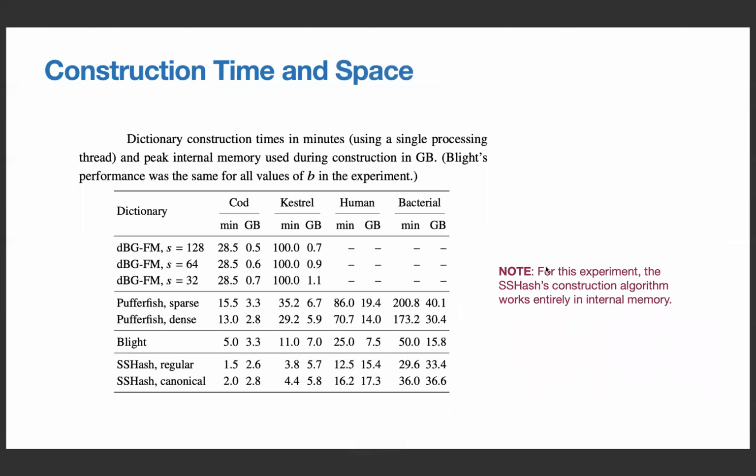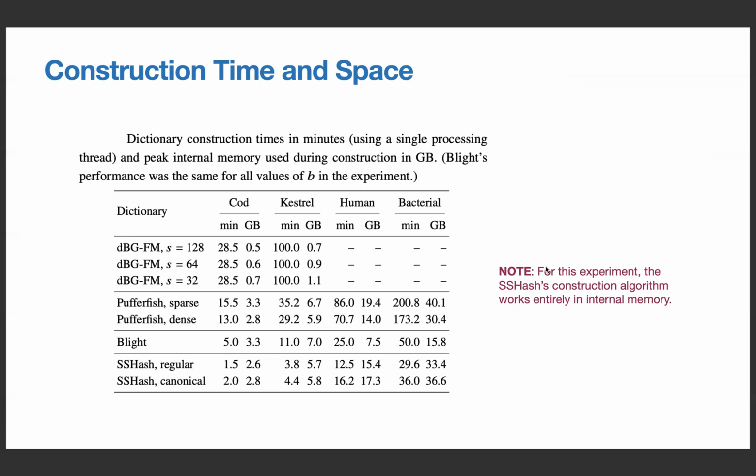Finally, regarding construction time and space, in this table I am reporting the number of minutes taken by the construction process for the SSH index and the RAM used during construction. So we can see that SSH is very fast to build, although these numbers in these experiments are relative to the in-memory construction.